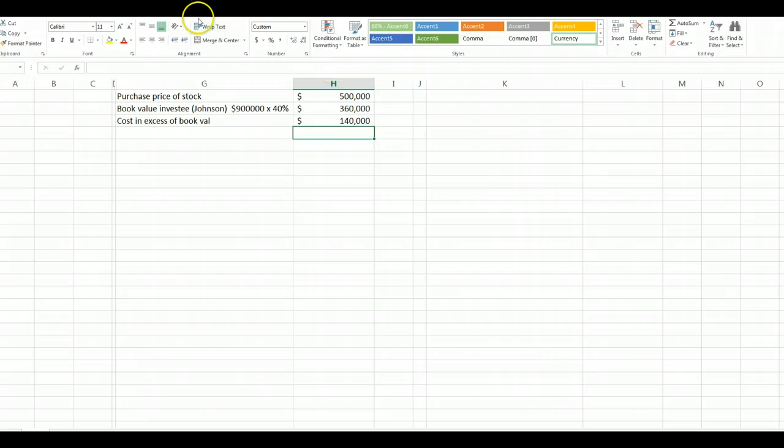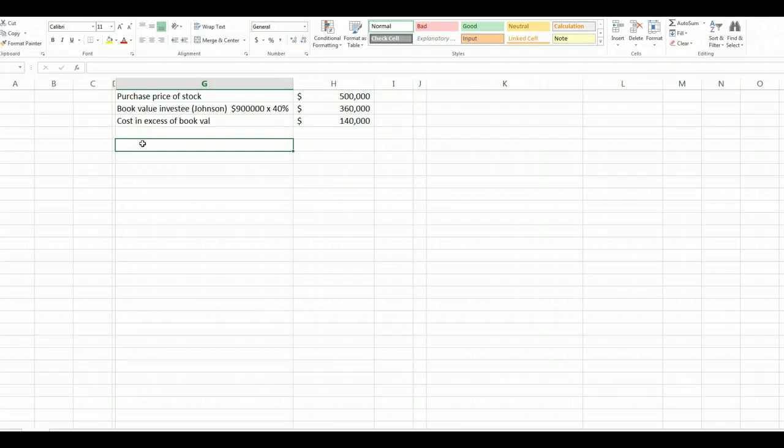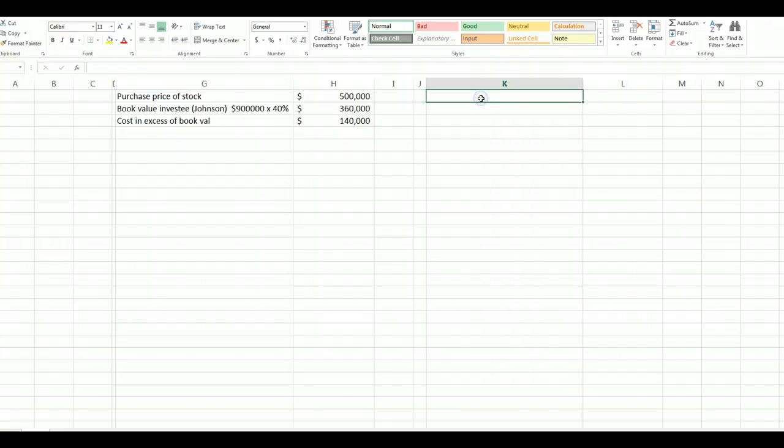How are we going to distribute that $140,000? It gave us two scenarios where a building was undervalued, or the book value was way under. So what is that going to be? What was undervalued? We had a building that was undervalued at $140,000, right?